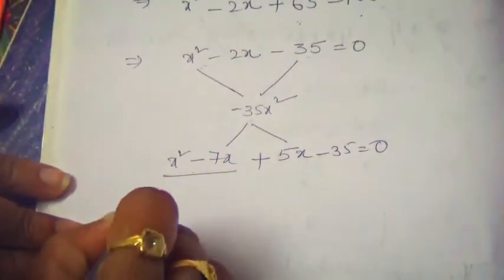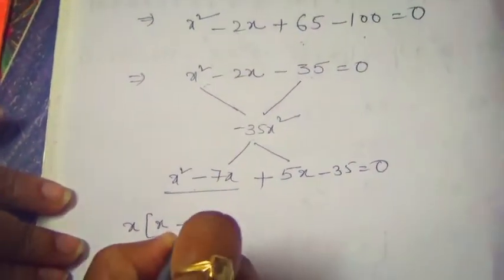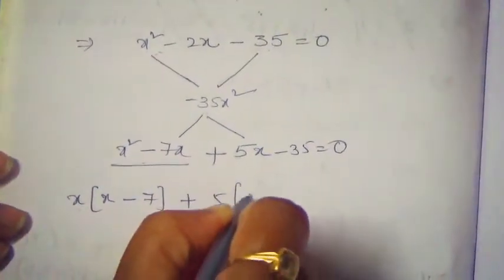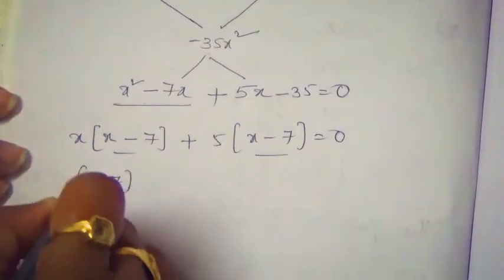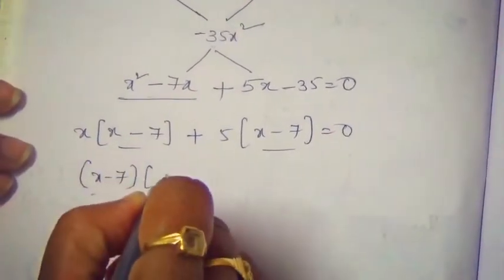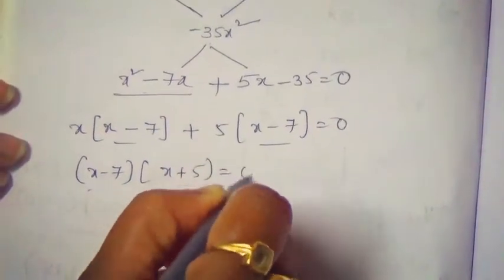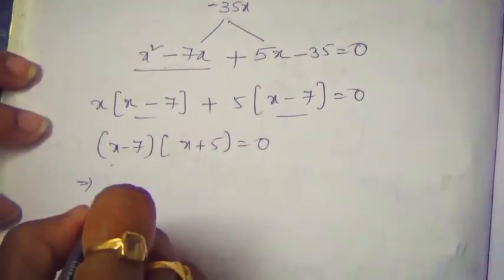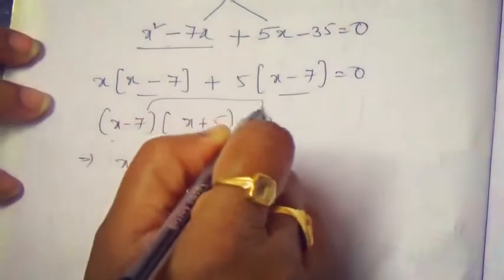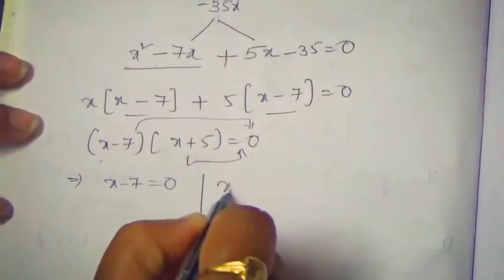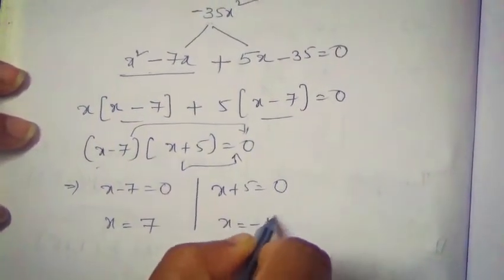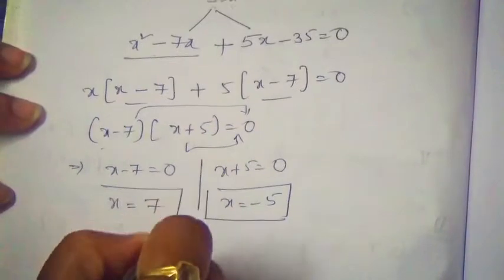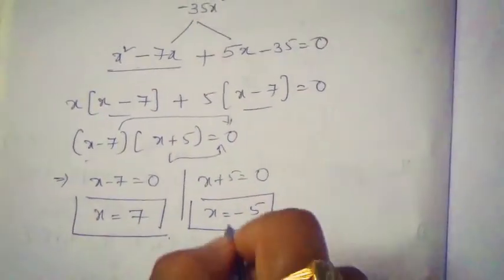From these two, I will take the common term as x, that is x minus 7, plus 5 (x minus 7), is equal to 0. From these two, we have the common term, that is (x minus 7)(x plus 5) is equal to 0. So x minus 7 is equal to 0. We just equate these two with 0. So x plus 5 is equal to 0. x is equal to 7, x is equal to minus 5. Okay, that is the solution for this 11th sum.